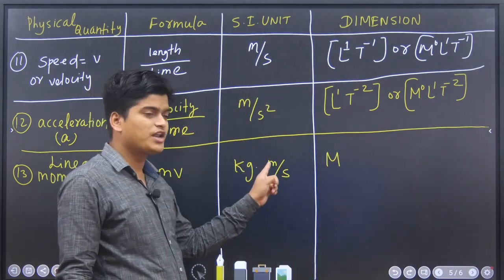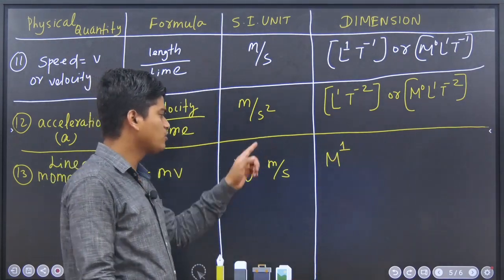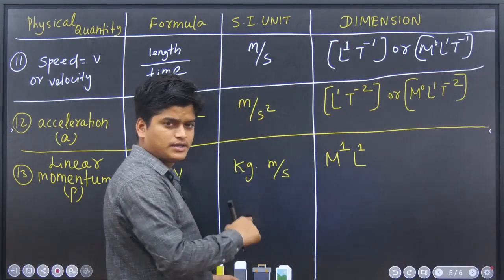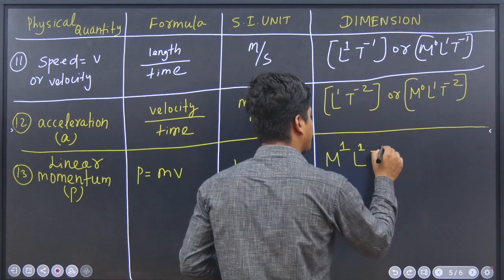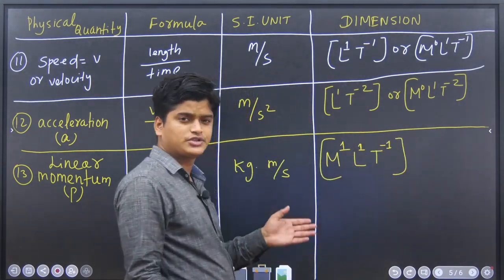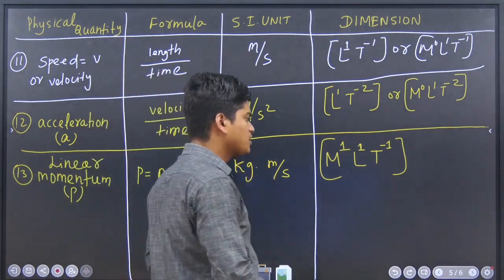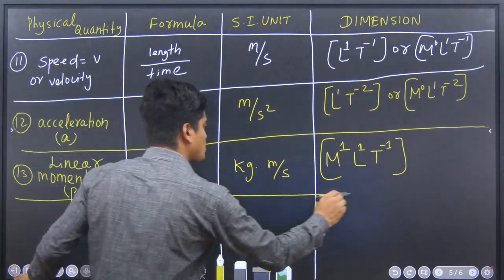Kg power 1 means mass power 1, meter power 1 means L power 1, where M stands for mass and L stands for length, and for time, T to the power minus 1. Most of the time this question is asked directly in your exam: what is the dimension of linear momentum. So remember this. This is the dimensional formula for momentum.